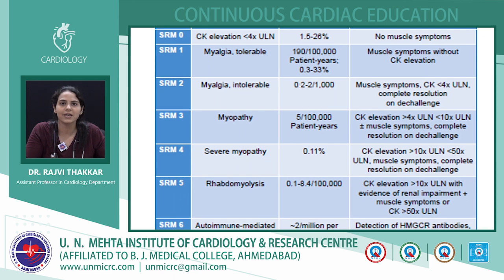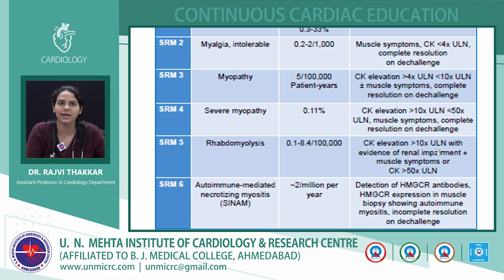In SRM 3 there is myopathy, with CK elevation more than 4 times but less than 10 times, and muscle symptoms show complete resolution on de-challenge. SRM 4 is severe myopathy, with CK elevation more than 10 times the upper limit of normal and less than 15 times, and complete resolution of symptoms on stopping the statin therapy.